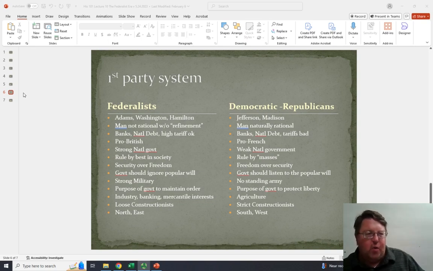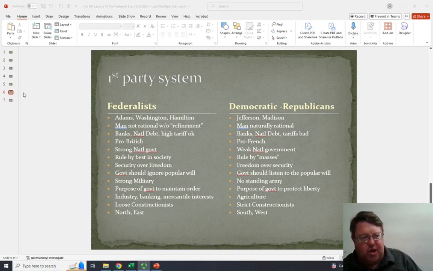When Federalists read the U.S. Constitution, they tended to be what's called loose constructionist, meaning if it didn't necessarily need to say it in the document. Federalists in the 1790s, early 1800s were strong in the North and the East.